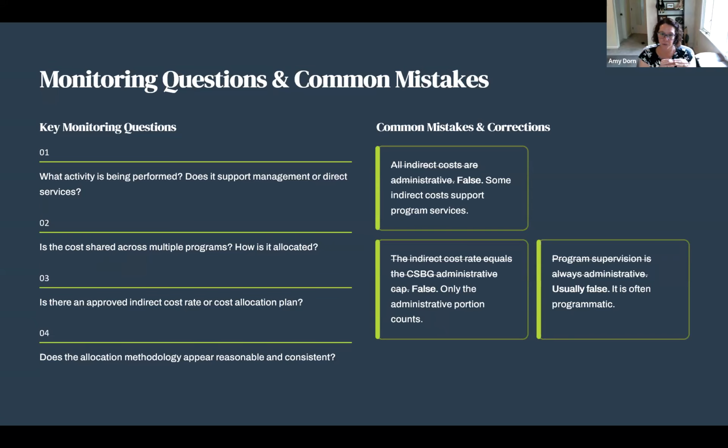And then program supervision is always administrative. Not really. Program supervision by and large is going to be a programmatic cost. It may be indirect because it may be a program supervisor who works across 3 or 4 different programs, but it's not administrative in nature because that program supervisor is directly related to getting the services to the client.